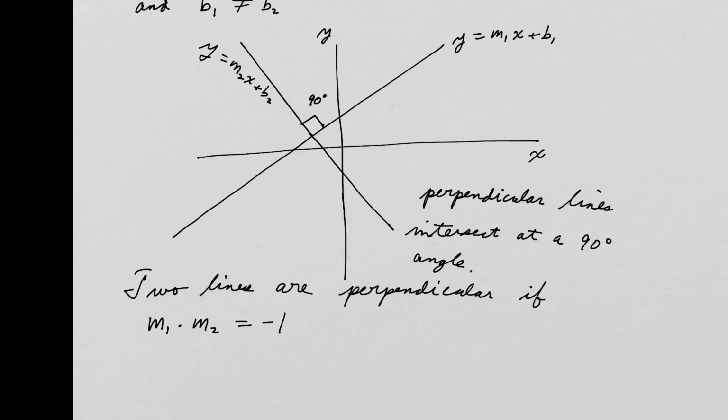So if you multiply the slopes together and you get -1, then they're perpendicular. Or another way of saying this is, if m2 is equal to -1 over m1.